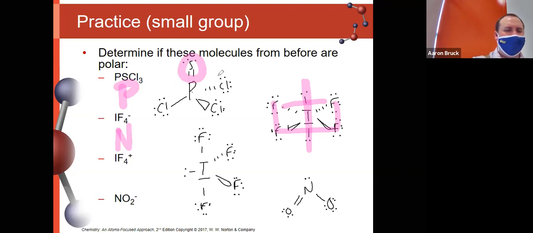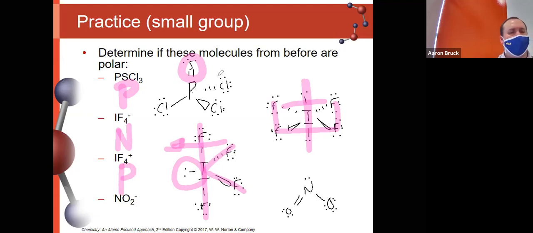IF4+, we have axial symmetry, iodine to fluorine up, iodine to fluorine down, but we do not have equatorial symmetry. That lone pair has a different electronic pull than these fluorines do. Net direction, it's going to pull toward that lone pair.